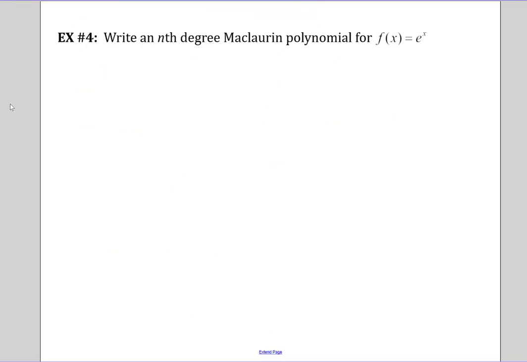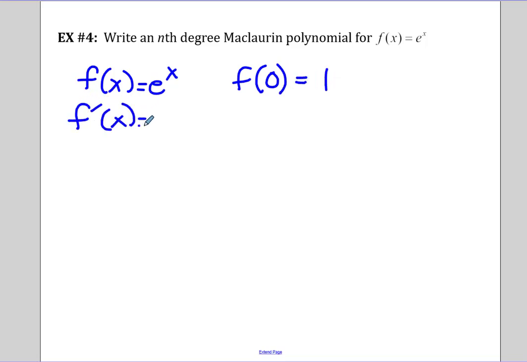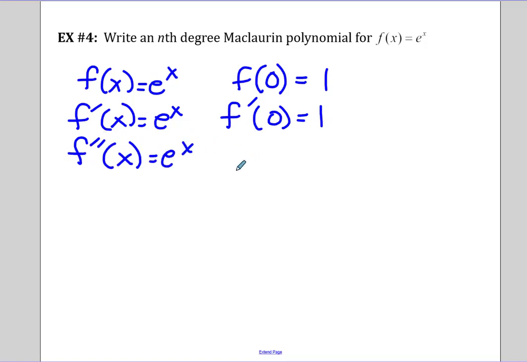Example 4, these are all ones we're going to need to memorize. So write an nth degree Maclaurin polynomial for f of x equals e to the x. And f of x is e to the x. Our function value is e to the 0, that's 1. Our derivative is also e to the x, and the derivative at 0 is also 1, and you see where this pattern goes. Our second derivative is also 1.